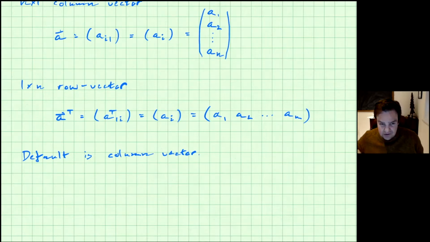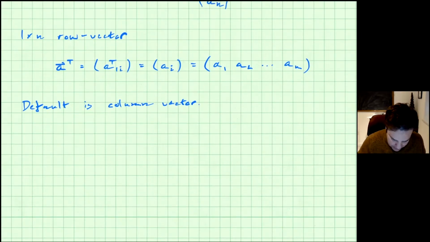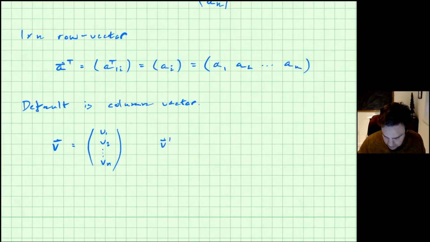So if you just see a symbol with an arrow over it, it means a column vector. If we just wrote down an arbitrary V, it means that it looks like this, V1, V2, Vn, if you didn't specify it. And it means that the transpose of it is a row vector.